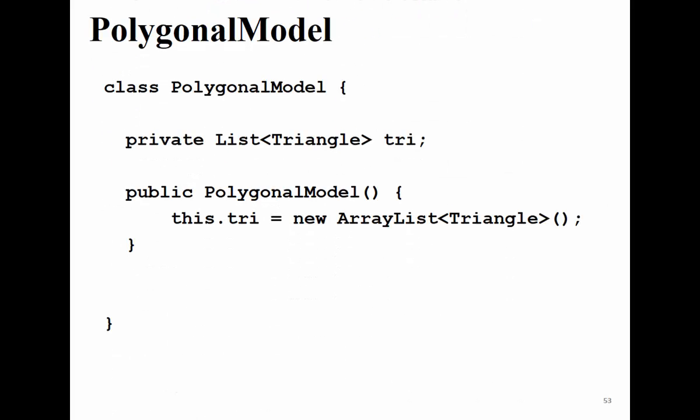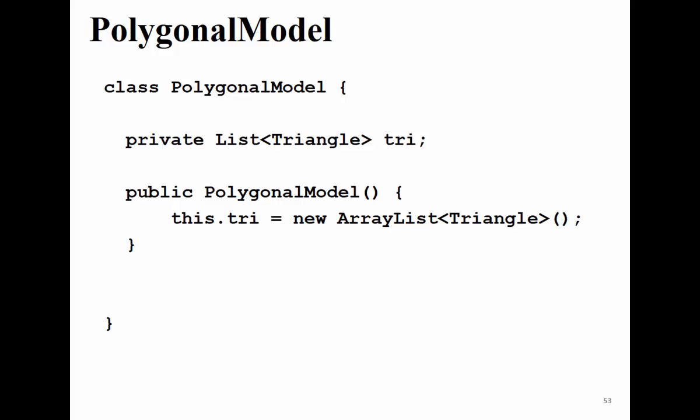Let us see here. We have the class PolygonModel, and we have a list of triangles. We create a list, private List triangles. The objects inside this list are triangles. We use generics here between the angle brackets. So Triangle is an object. Now we have tri, an abbreviation for triangle. Inside the default constructor, we have this.triangles equals new ArrayList of Triangle.